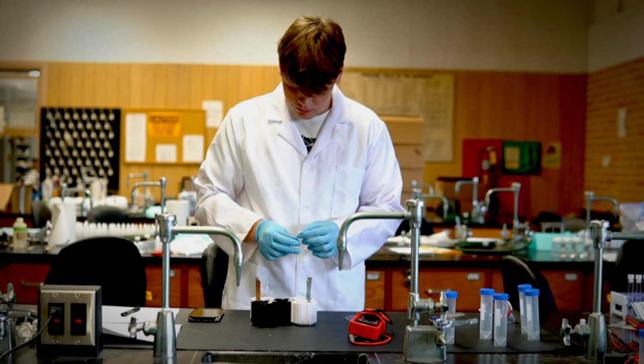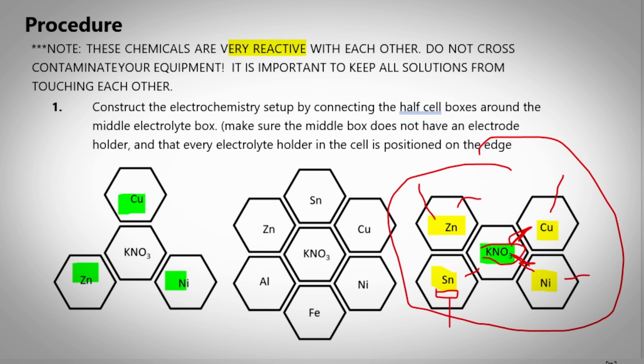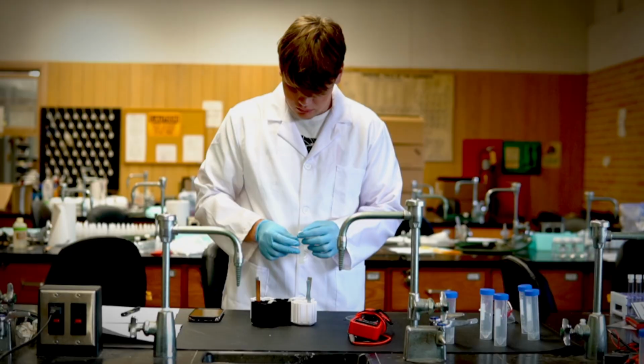I don't have a good top-down shot, but basically what you're going to do is add filter paper here, filter paper here, filter paper here, filter paper here. You're going to join all solutions by filter paper. Very important, right?